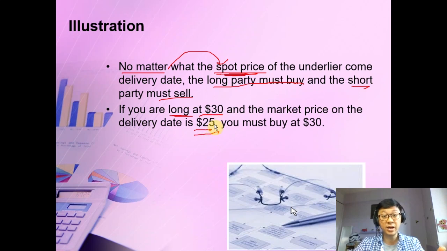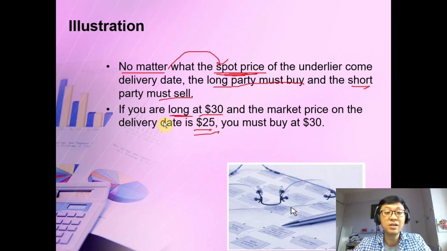So which means that actually the long party is at a loss, because now I have to buy something at 30 instead of 25, which is you're paying $5 more. So in this case, the long party makes a loss of $5, whereas the short party stands to gain that $5.